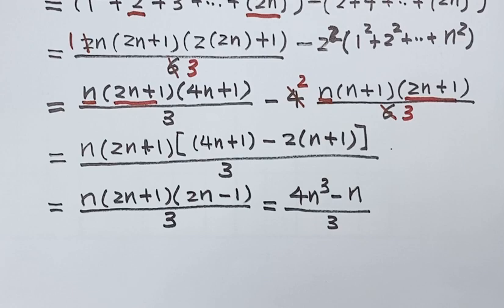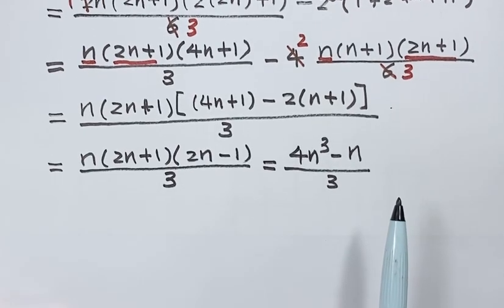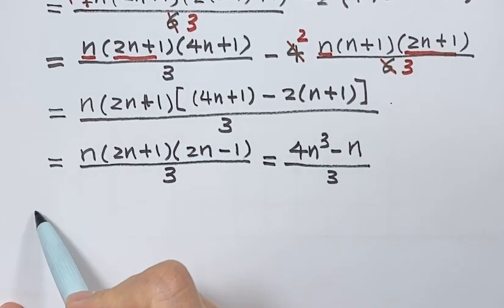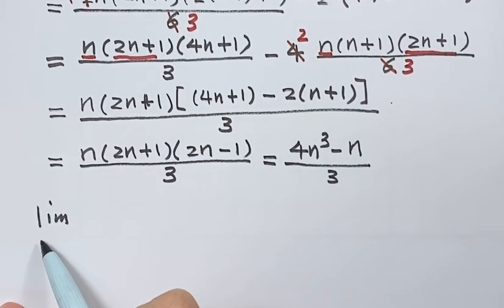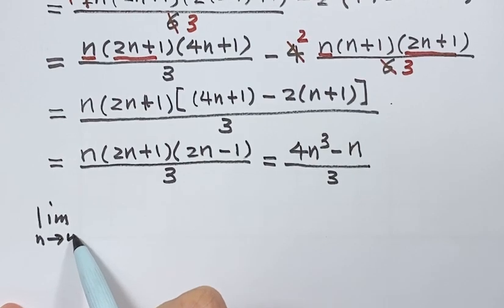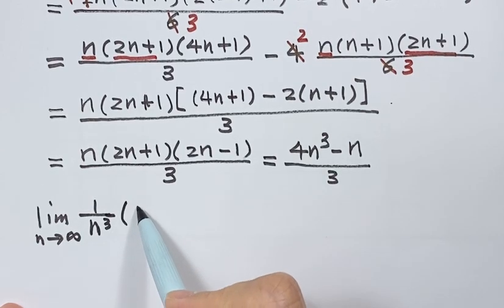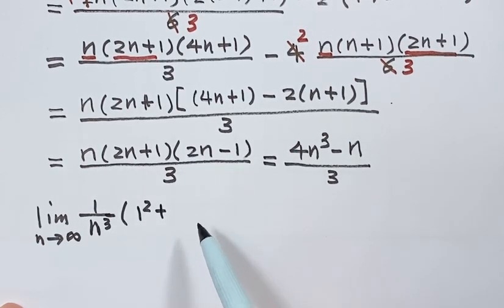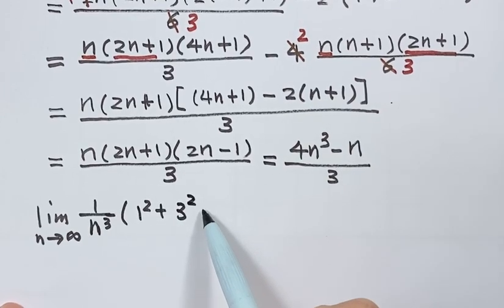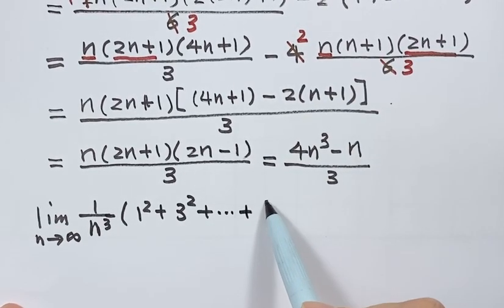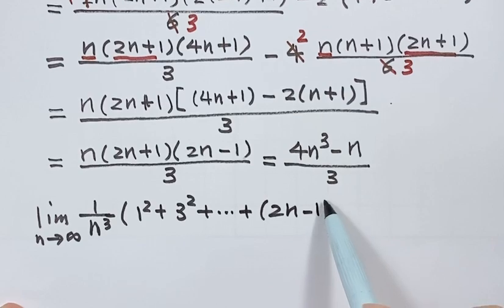Here we are going to put this back into the original sequence. So this is the original question: the limit as n goes to infinity of 1 over n to the third times (1 squared plus 3 squared up to 2n minus 1 squared).